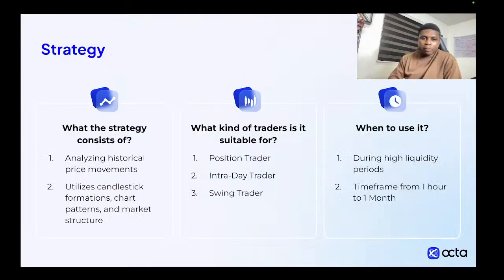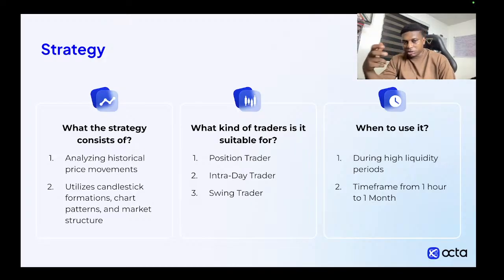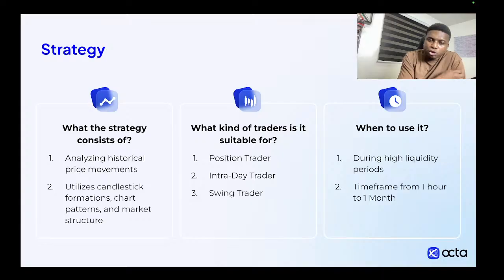All right. Now, this strategy, we're going to look at what does this strategy consist of. So this strategy consists of analyzing historical price movements, utilizing candlestick formation, chart patterns, and market structure. So what kind of trader is it suitable for?